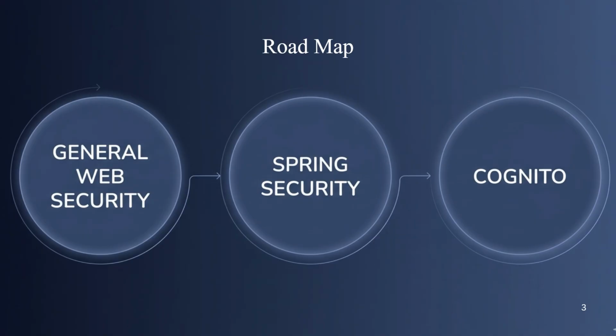First we have the general web security basics. I'll go through a couple of topics just to get you up to speed on the security practices and security methodologies as well. After that, we have the second phase, which is Spring Security. And finally, we have Cognito.